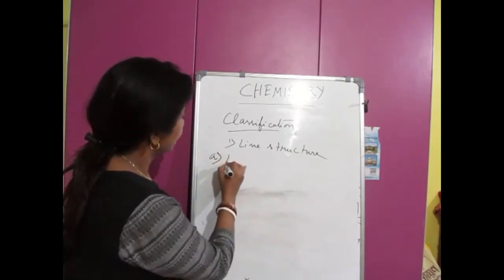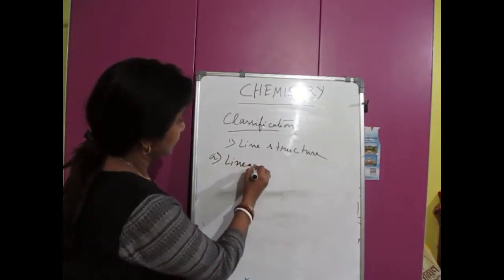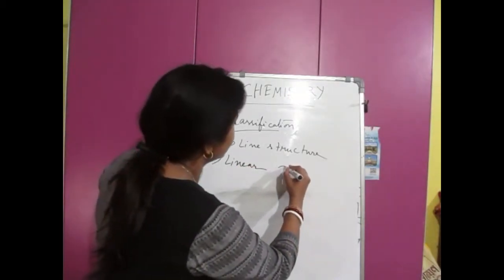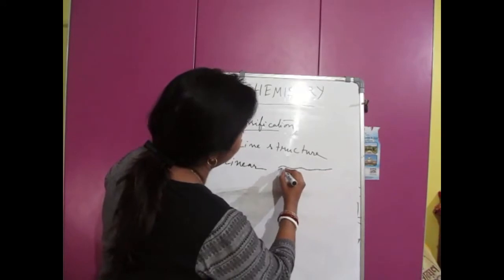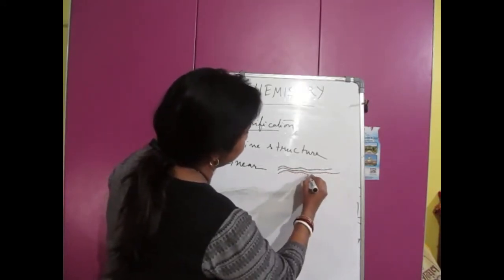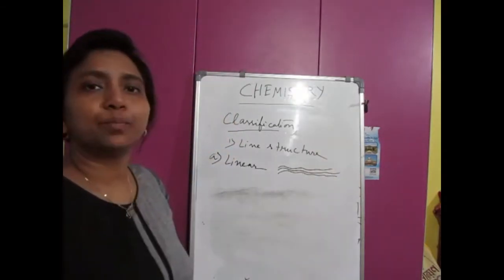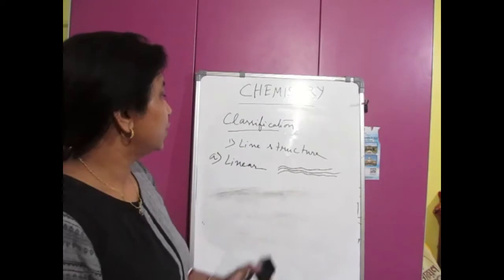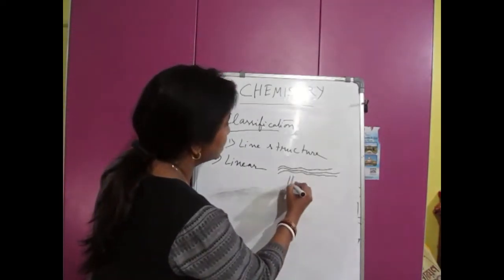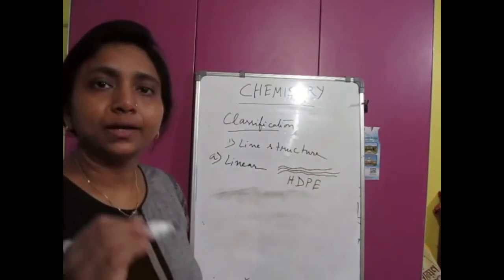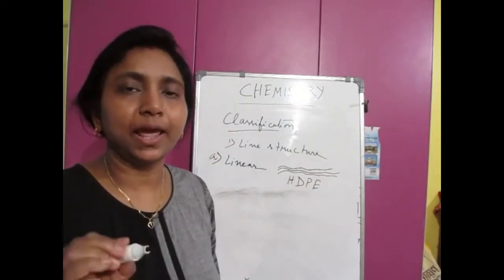A, linear structure. Linear structure means the structure of polymers will be like this. So example is HDPE, high density polyethylene.